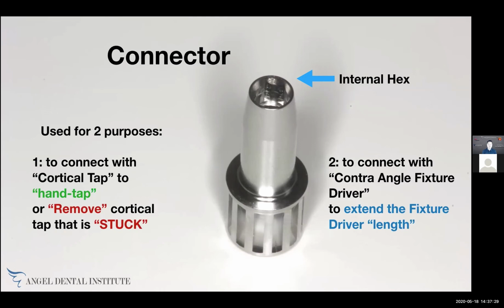Then the engine can't torque it out. So you have to just dislodge from the motor, put this on, and you could use a torque wrench to reverse that out. The second one is to connect with the contra-angle fixture driver to extend the fixture driver length. I wish I was there in person to show you how this works, but that's what it's for.